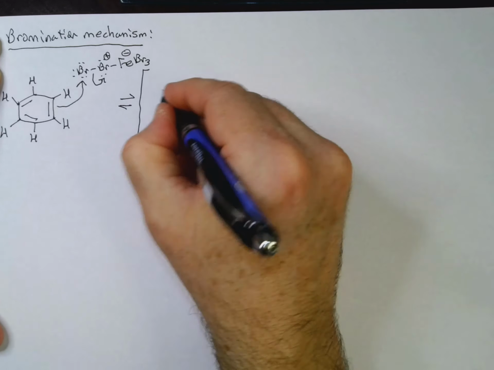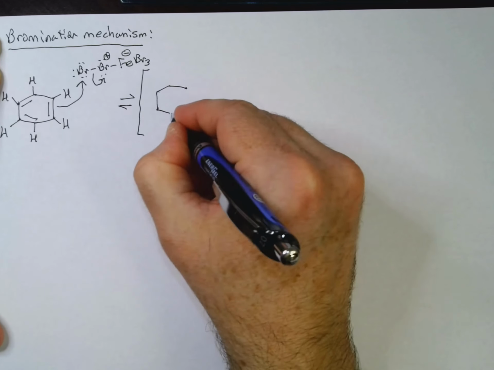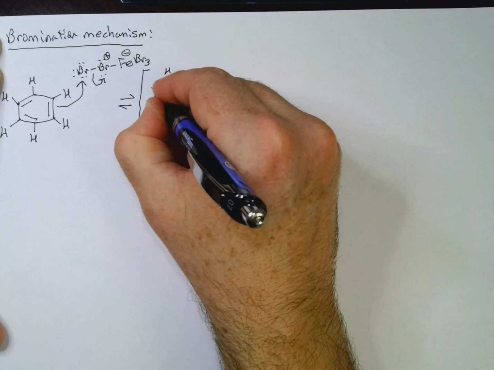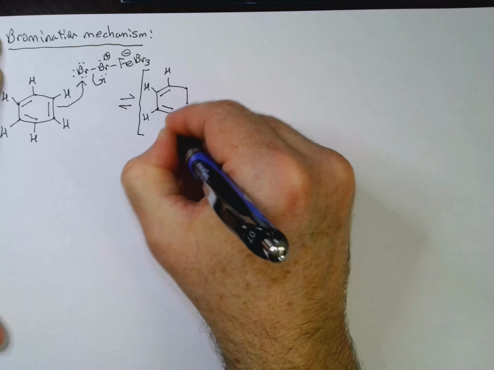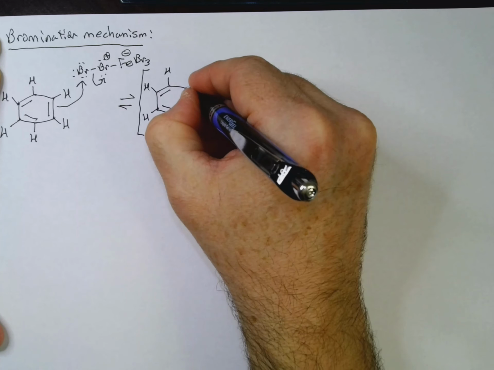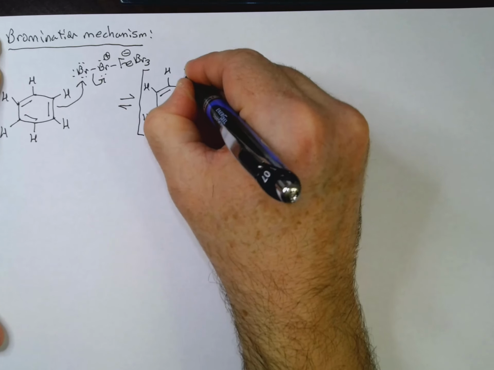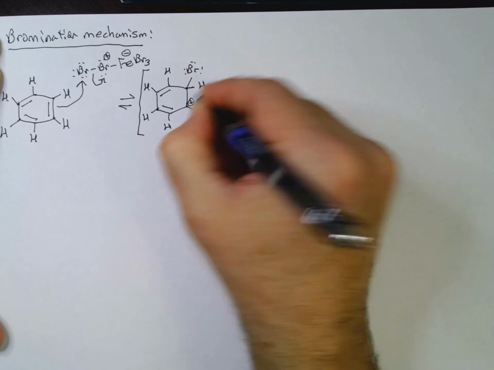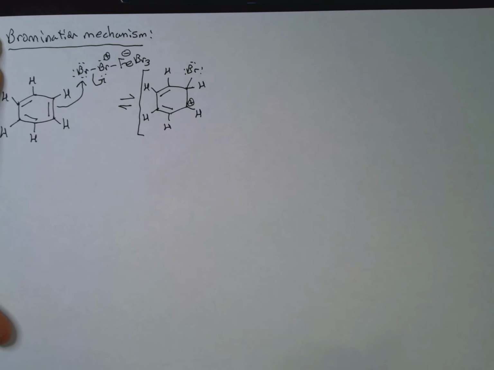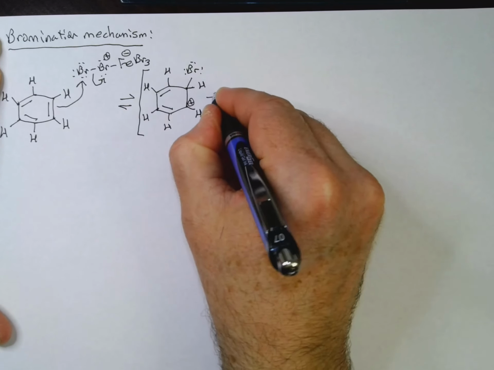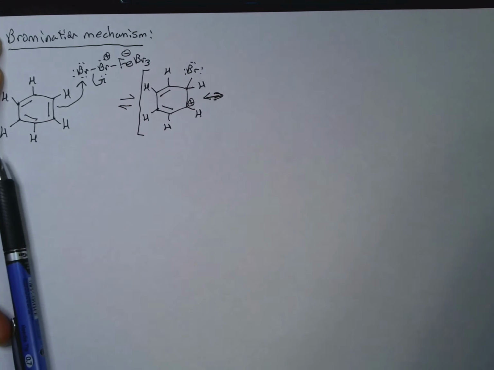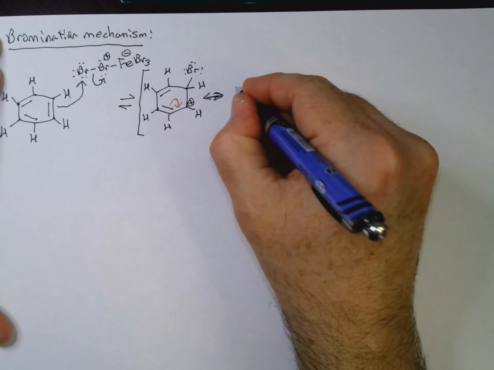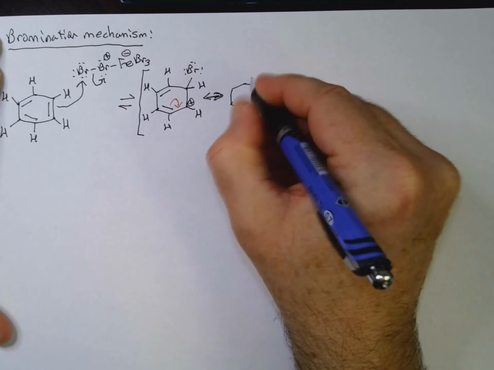And this will now give us, I'm planning for my resonance structures here, the following cation intermediate. And then you do need to draw all of your resonance structures. So I'll go ahead and draw those in here.